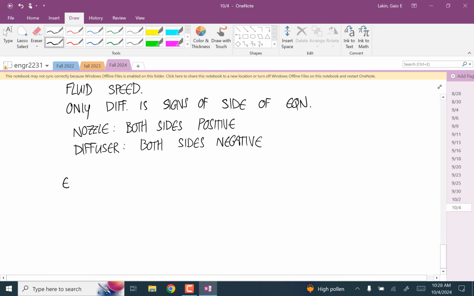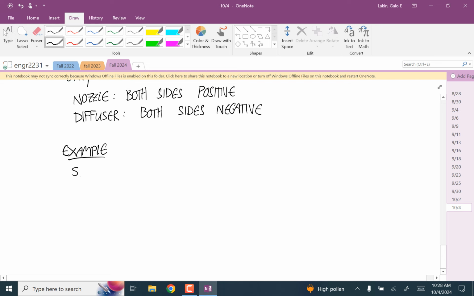Okay, let me do an example. Let's say that steam enters a nozzle at an inlet pressure of 10 bar and an inlet temperature of 400 degrees Celsius.